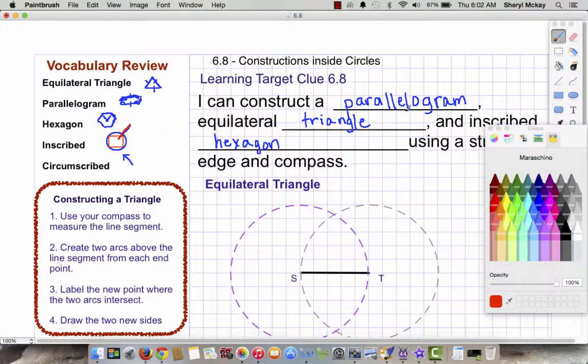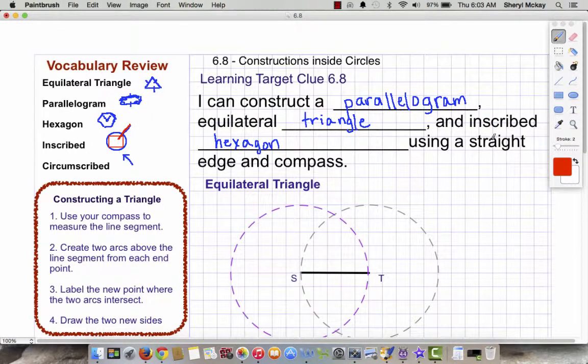Let's go ahead and talk about equilateral triangles. Now, we already just got done saying that an equilateral triangle is a three-sided figure, and all three sides are the same distance, the same length. So each side is congruent to the other side.